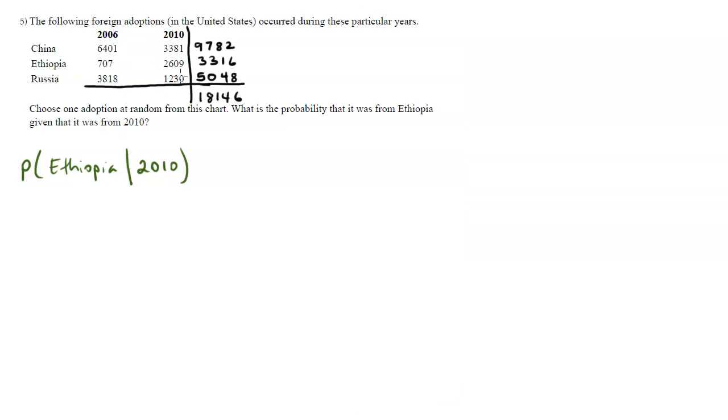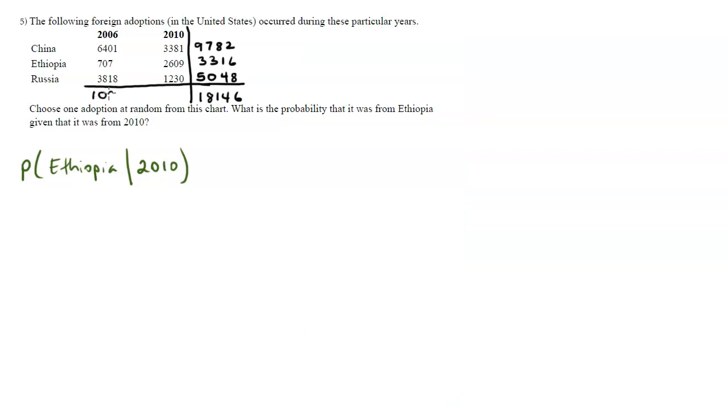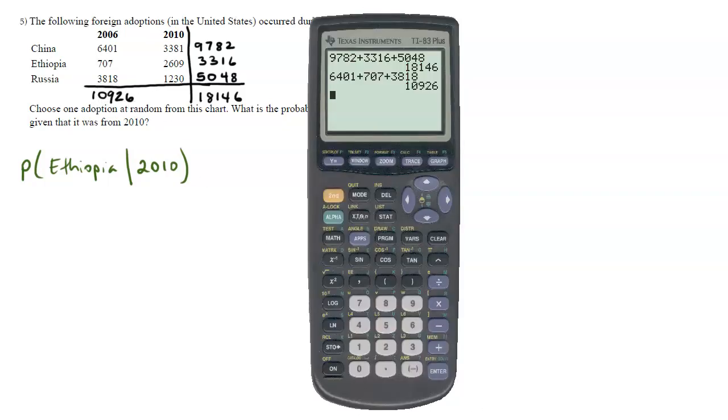And when I add the columns and sum the grand total, I should get the same, right? So let's see, 6,401 plus 707 plus 3,818 is 10,926, and 3,381 plus 2,609 plus 1,230 is 7,220.